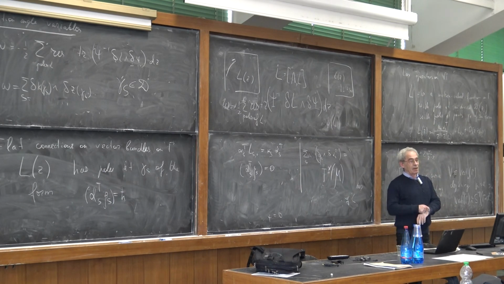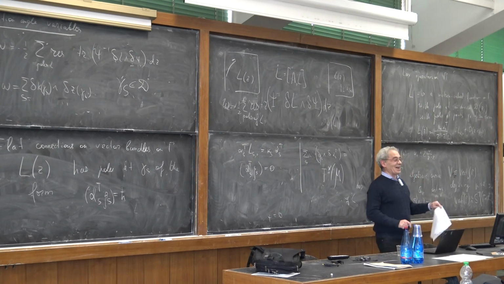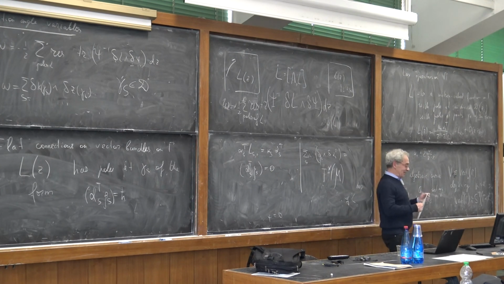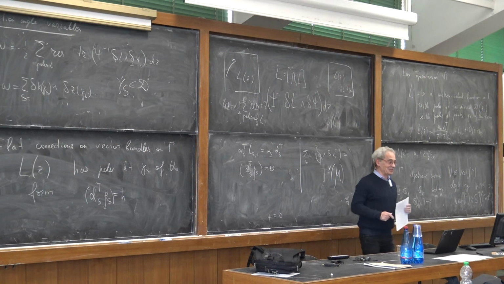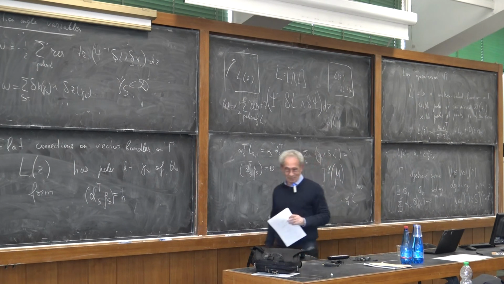Okay. My apology for the last part of my talk, because I tried to incorporate a lot of things but failed. So I hope I made the initial message clear. Everything is very simple.